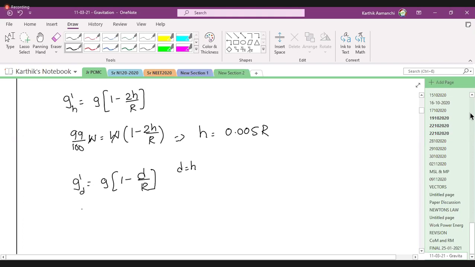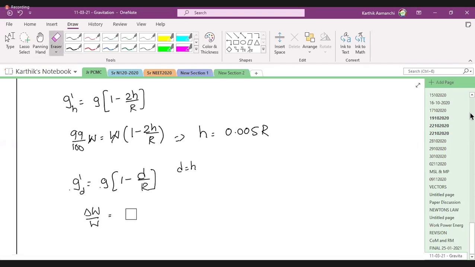So this total will become delta w by w equal to how much? 0.995.